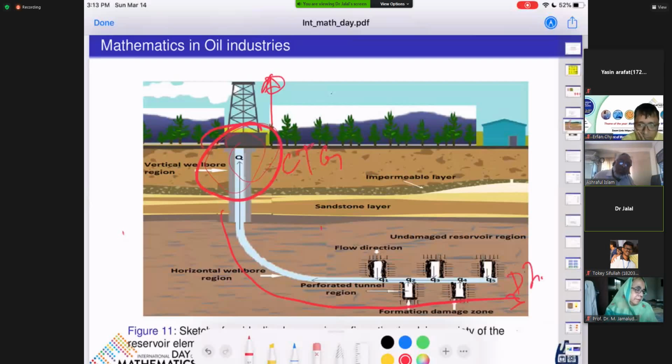We drill a hole to extract the oil, first going vertical, and then it goes horizontally from Chittagong to Dhaka. So we can extract hydrocarbon, that means oil or gas, from a point situated far away from the extraction point. This is very complicated. There are a lot of phenomena shown here.